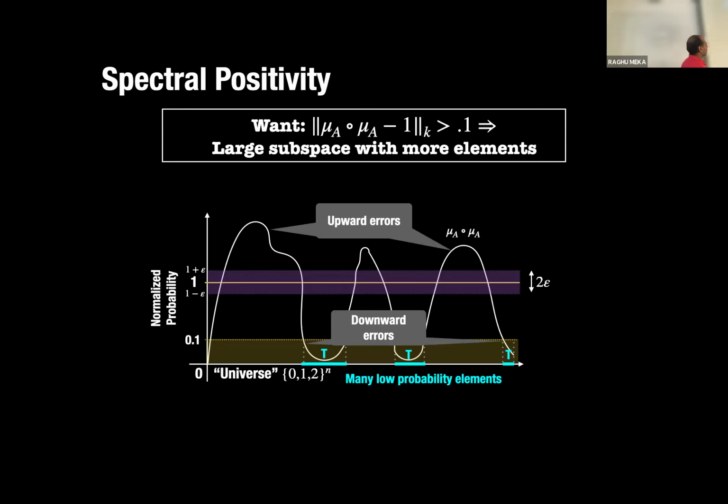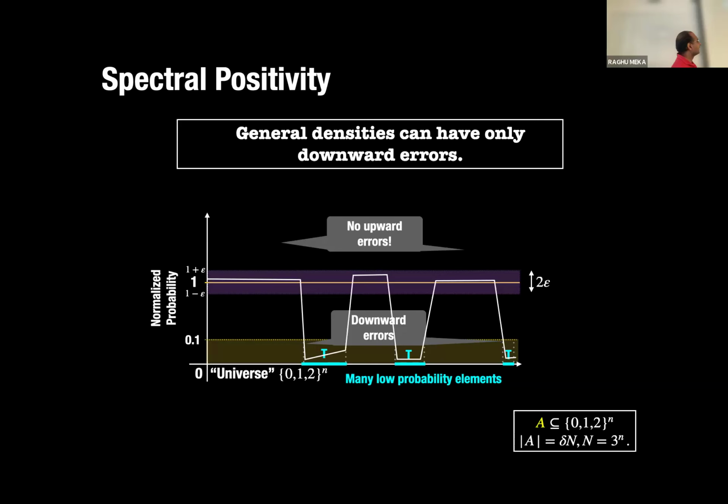And along with that, we can also categorize the errors into 2 types. One are upward errors, where my estimate is more than 1, and downward errors, where my estimate is less than 1, right? And if I think of general densities, there is no need to have any correspondence between upward errors and downward.